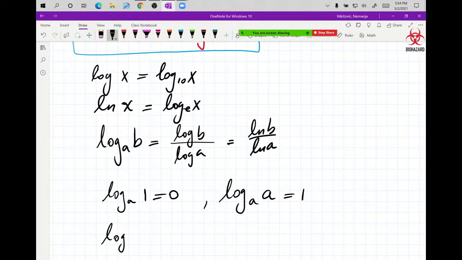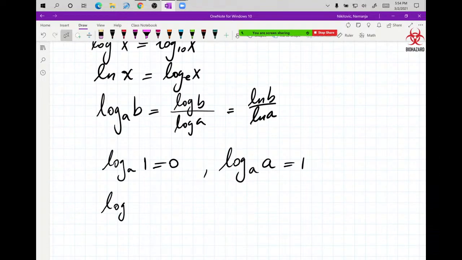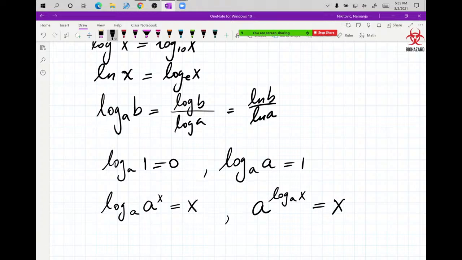And then we have these two rules which tell us that the logarithmic function and exponential function are inverses of each other. So log base a of a raised to the x will be x, and if you have a raised to the log base a of x, you will also get x.